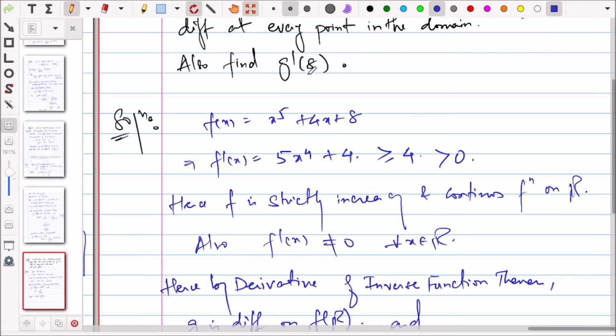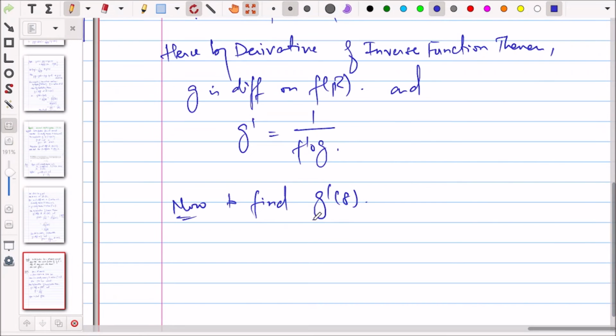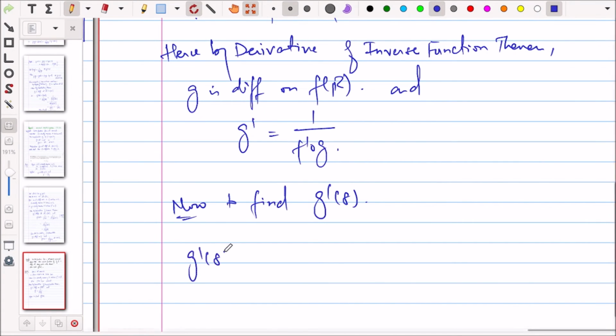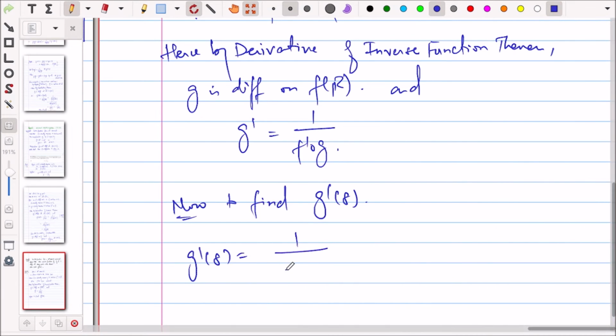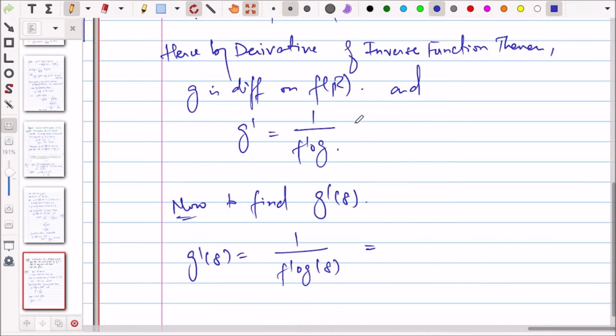So we need c such that f of c is equal to 8. Now g dash 8 is equal to 1 by f dash of g of 8, using star.